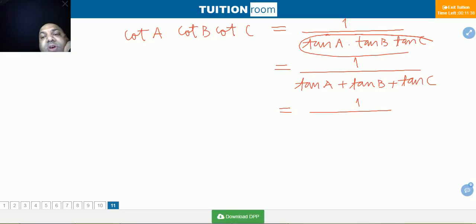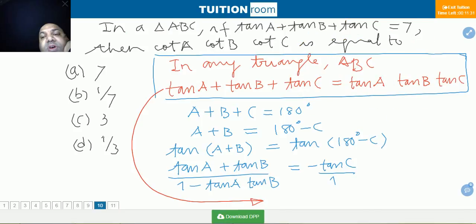Hence the answer will be 1 upon 7, and this is the correct answer. So guys, please copy it, then I will proceed for the next problem.